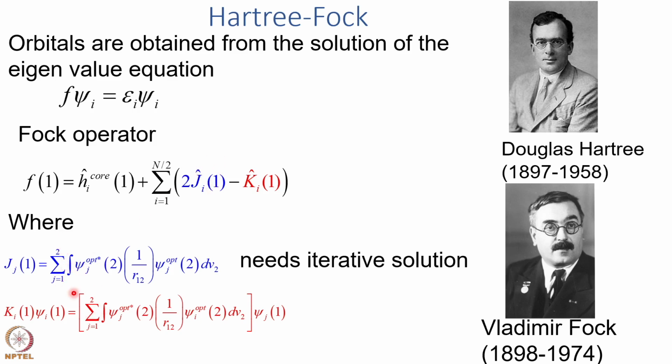This should also have been made n by 2 here. Now, j is a dummy variable. So essentially, instead of taking the interaction between all the electrons, I am taking an average interaction where each electron is moving in an average field, or mean field, of the other electrons.